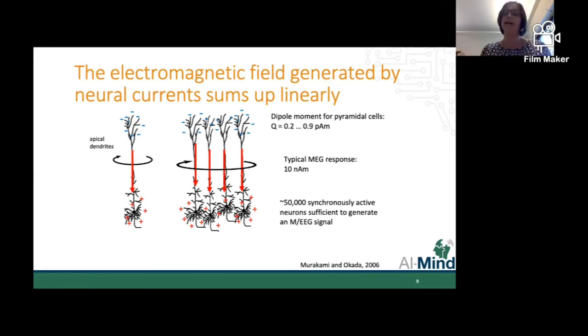Now, of course, this is an estimate of how many neurons we would need to see a signal, but it doesn't say anything about cancellation. It's much more difficult to estimate what type of cancellation is there in the cortex. But all in all, we can say that MEG and EEG measure the synchronous activity of tens of thousands of synchronously active pyramidal neurons.